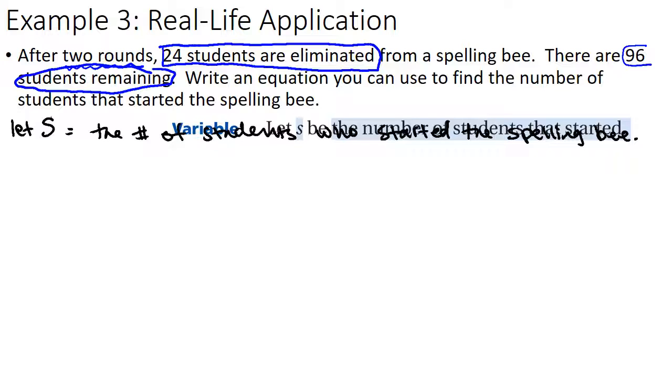Now there's 3 different directions that we can go here. First, we can see that S should be equal to the 24 plus the 96.